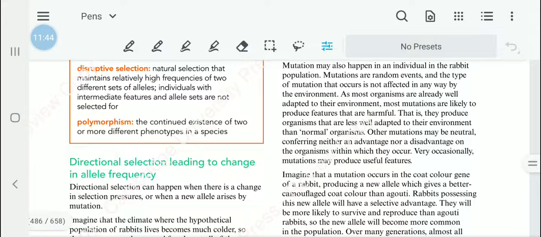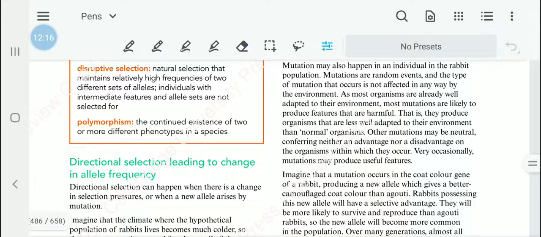Now if a mutation happens in an individual in the rabbit population, these are random events, you need to understand that, and it is not going to be affected in the same way as the environment, overnight. Usually mutations are harmful, so they are going to be less adapted to their environment.